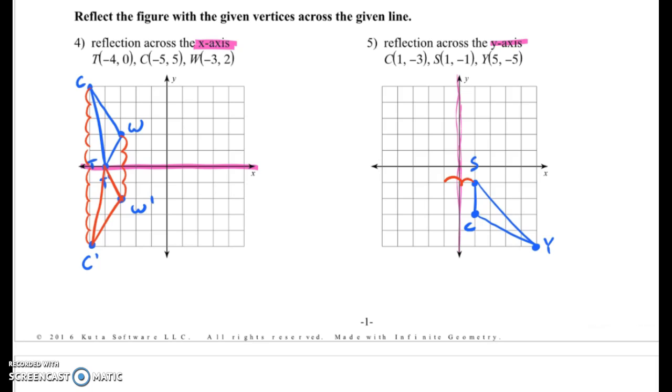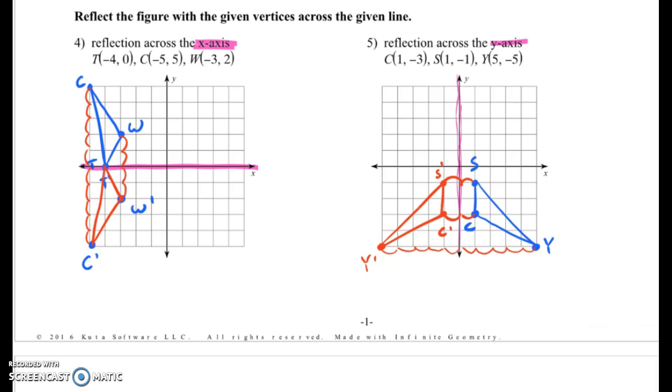S is 1, so S prime is 1. C is 1 to the line, so I'm going to go 1 again to give me C prime. And now y is 1, 2, 3, 4, 5. So 1, 2, 3, 4, 5 gives me y prime. So I just connected the 3 points to give me my new image.